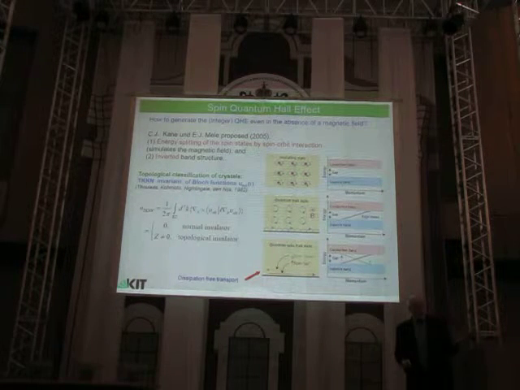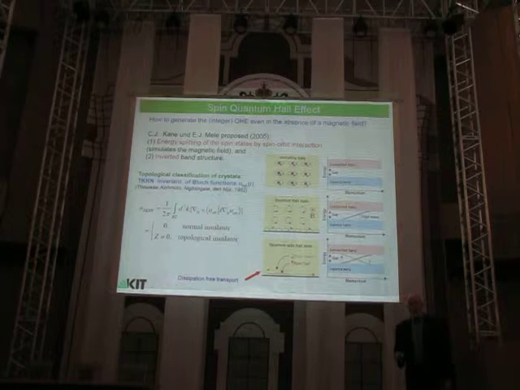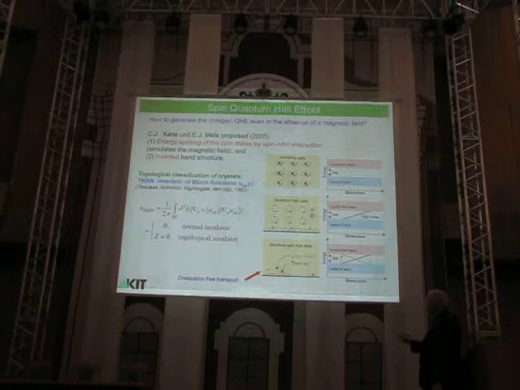But this topological classification means that each crystal has a certain topological quantum number, n, which is defined in this way. It's an integral over the Brillouin zone, momentum space, of the curl of a certain vector, and this vector is the gradient in momentum space applied to the Bloch function u_nk, multiplied by u_nk star, integrated over r.